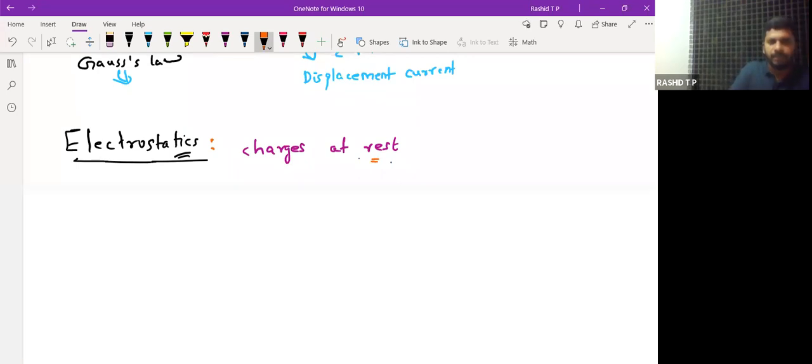Now we will talk about the different behavior expressed by charges when they are at rest. Here we will start with Coulomb's law, because you know all the basics. Straight away I am going to our major topics. Coulomb's law.